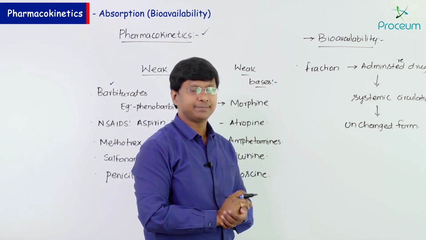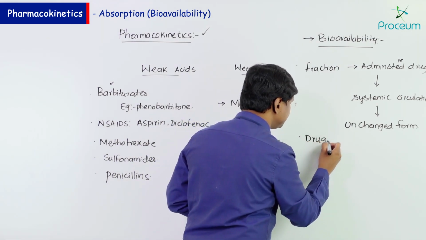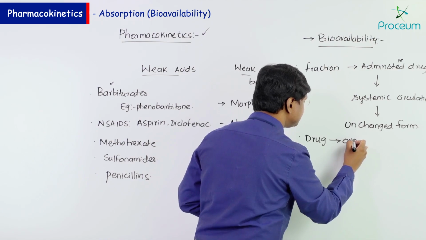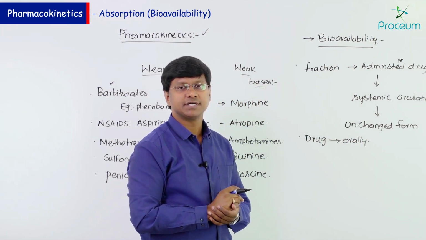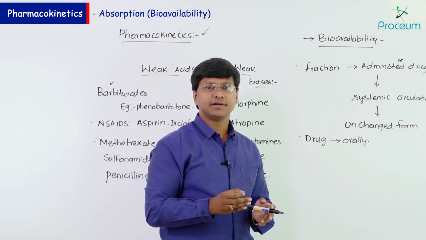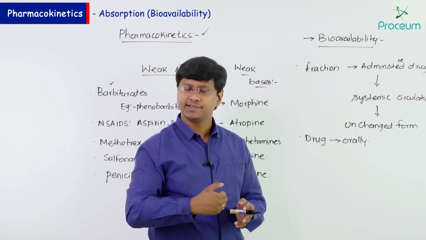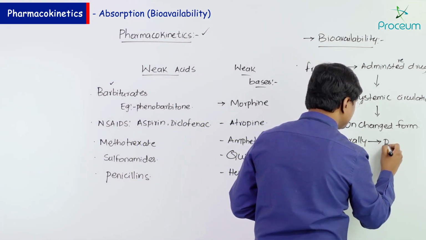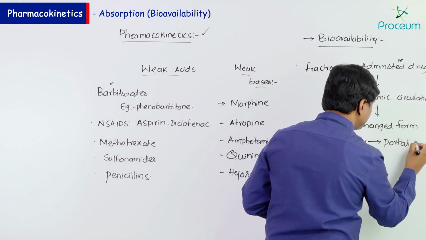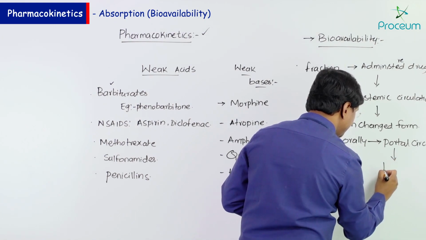Now, for example, if the drug is administered orally, first it is absorbed into the portal circulation and then it reaches the liver.